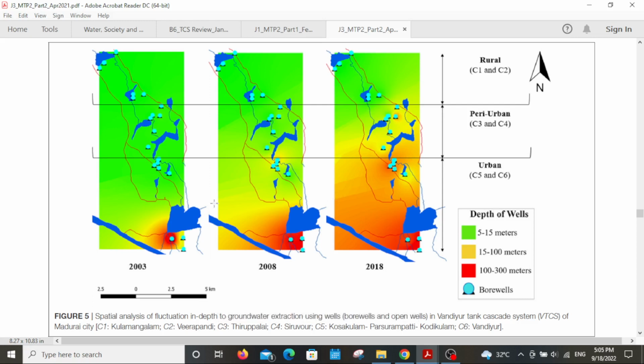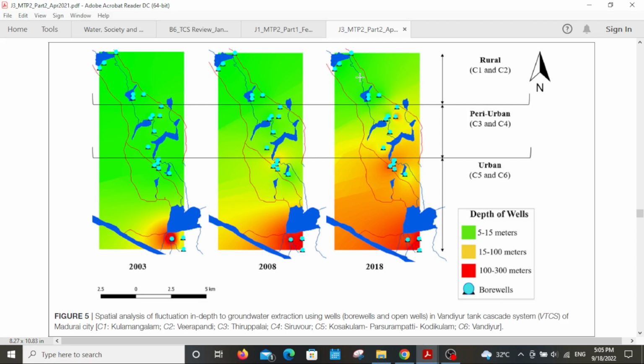So, across the study period, we see that the depth to extract groundwater is increasing, and now the influence of the unavailability of groundwater at lower depths is increasing, and it is now expanding from urban to peri-urban region, and that's why we are suspecting that a similar water crisis may reach the rural landscape as well.